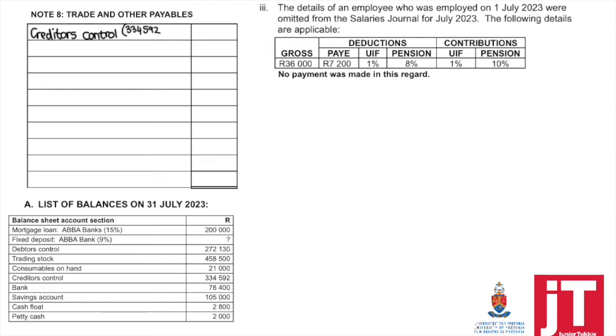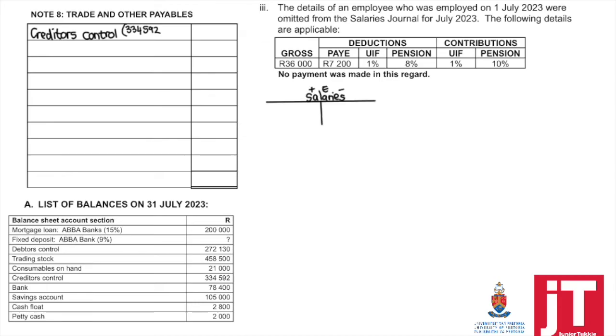It's a liability. Then we need to calculate our net salary. The net salary is the amount which is paid to the employee, and they said no payment was made in this regard. It means that money is still owed to our employee, and if it's still owed, it goes to your trade and other payables.